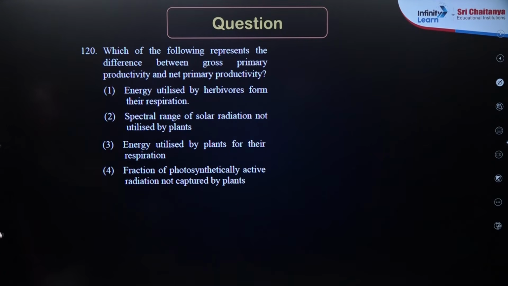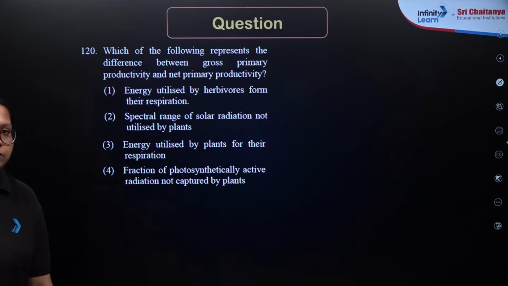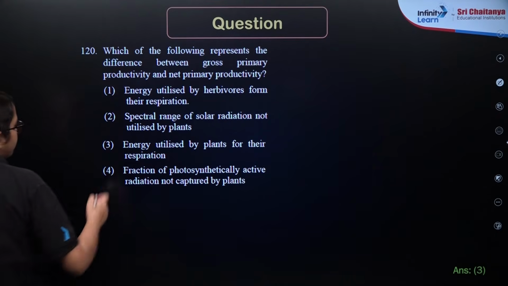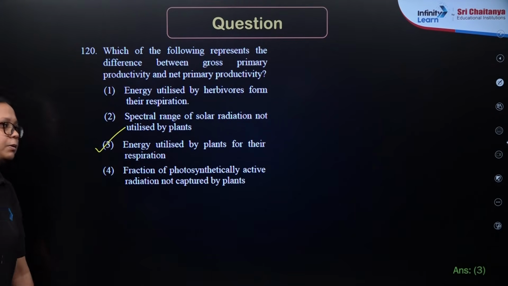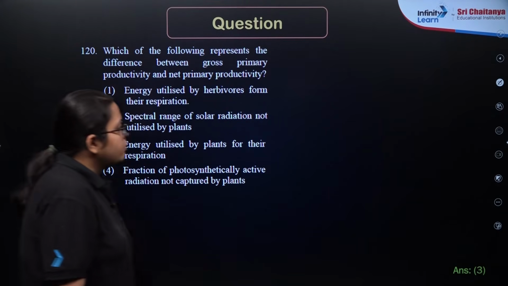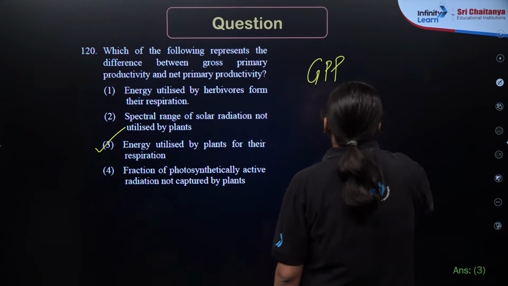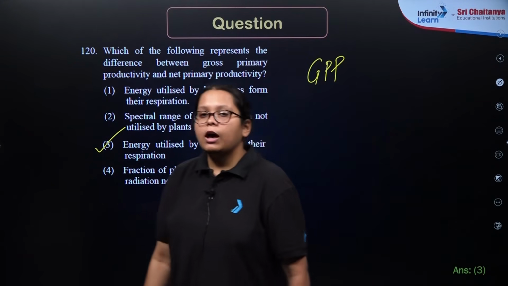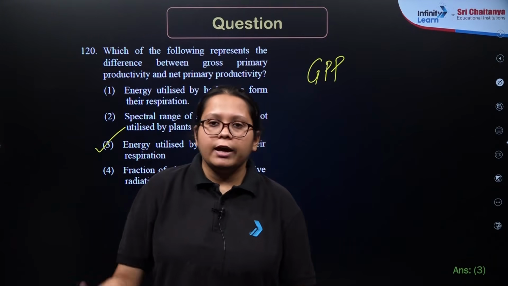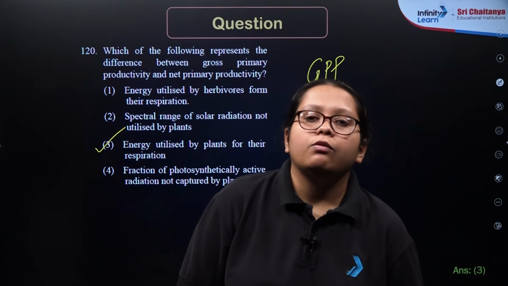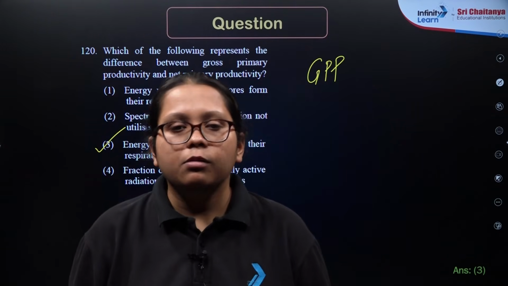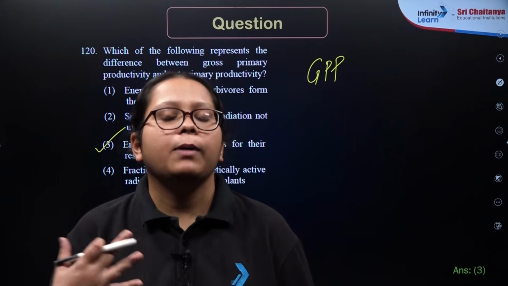Next question. Which of the following represents the difference between gross primary productivity and net primary productivity? The answer is 3. Energy utilized by plants for their respiration, right? Gross primary productivity is the amount of biomass formed after plants utilize solar energy to do photosynthesis and make organic molecules, or make the biomass of the plant.